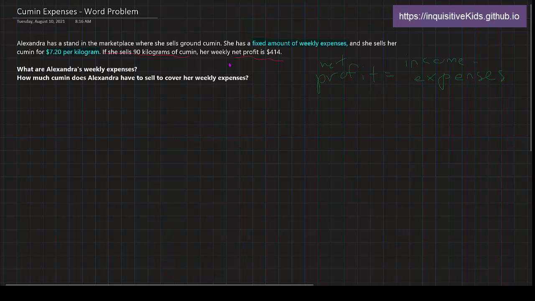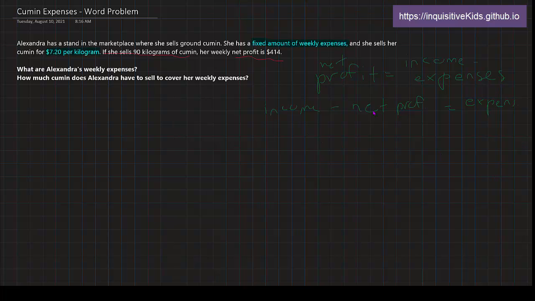So what was her income first? Because we already know her net profit, so basically using this equation over here, we can write income minus net profit is equal to expenses.